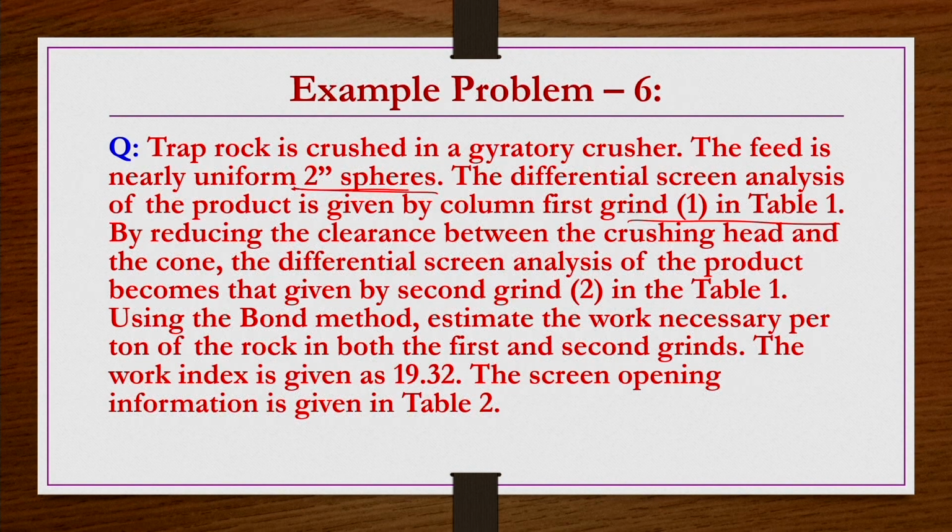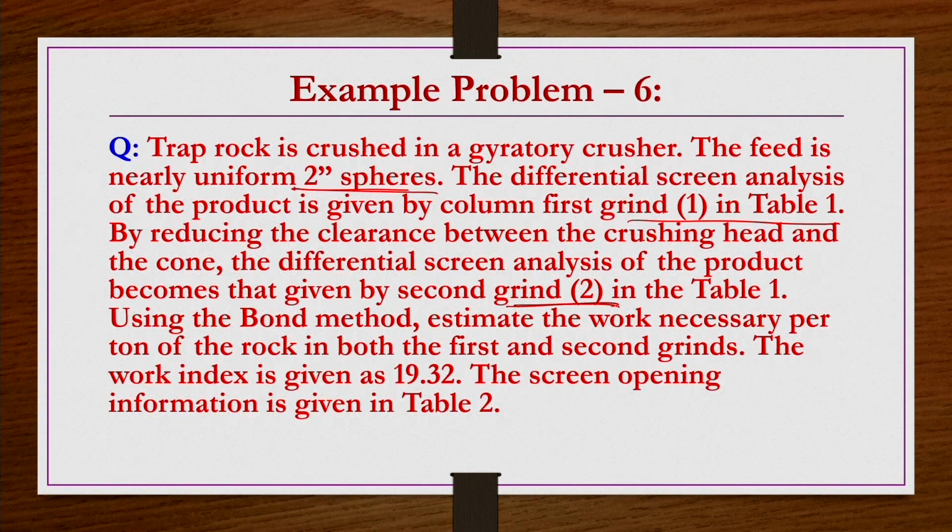In these gyratory crushers we can reduce the clearance between the crushing head and the cone. So, that clearance is reduced and then the crushing is done again. Whatever differential screen analysis of the product we get by reducing the clearance between the head and cone of the gyratory crusher is labeled as grind 2.